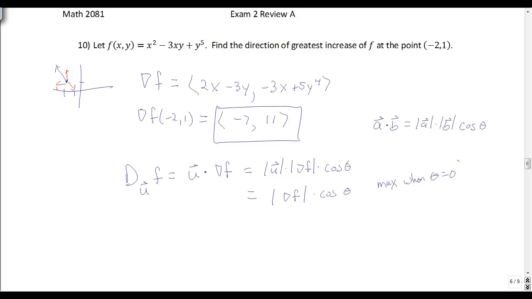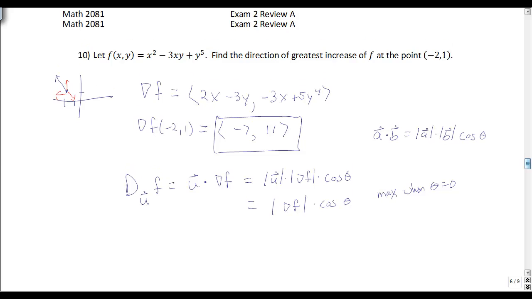But when theta equals 0, the angle between these two vectors is 0. That means they point in the same direction; they're multiples of each other. So the direction of greatest increase is really in the direction of the gradient. If you want to find greatest decrease, you go in the opposite direction of the gradient. Or for a direction of no change, you use a vector that's perpendicular to the gradient.